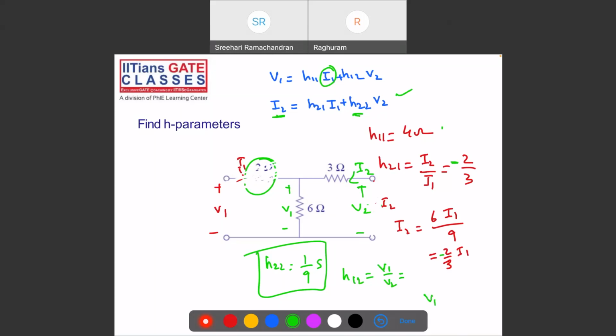V1 is equal to V2 into 6 by 9, or 2 by 3. Correct, no negative, plus 2 by 3. So H12 is 2 by 3. That covers the H parameters. Clear?